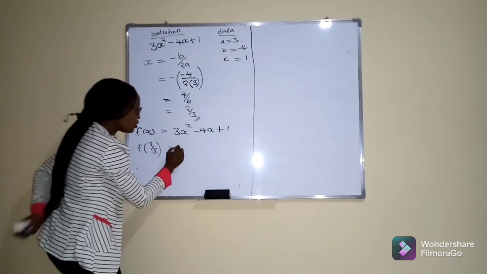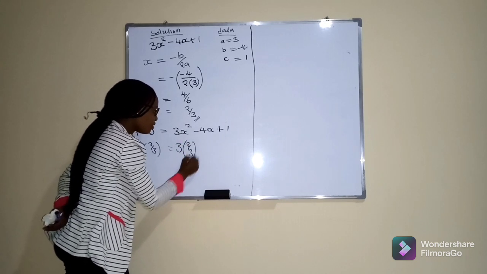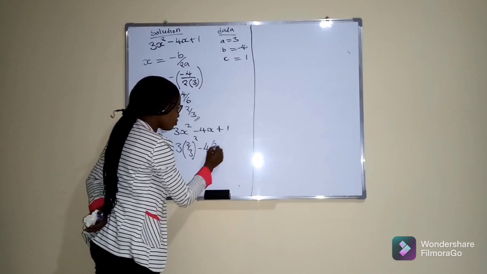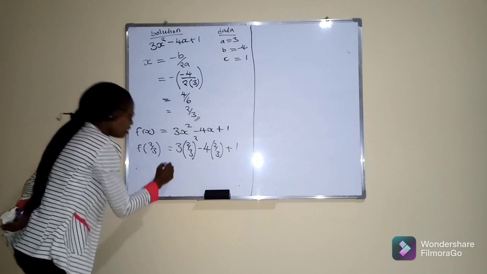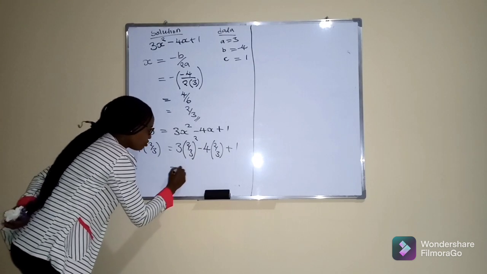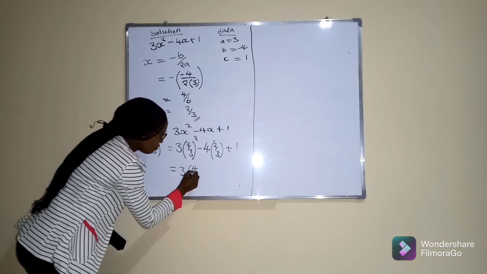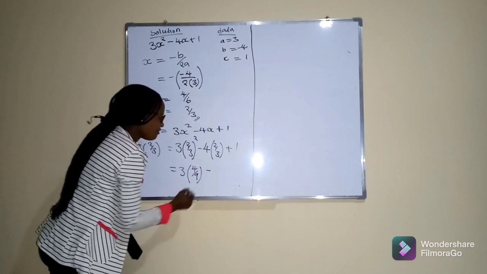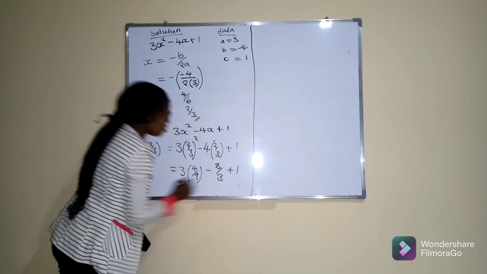So when we substitute here, we're now going to have 3 multiplied by 2 over 3 raised to the power 2 minus 4 multiplied by 2 over 3 plus 1. And from this, this will be 3 times 4 over 9 minus 8 over 3 plus 1.